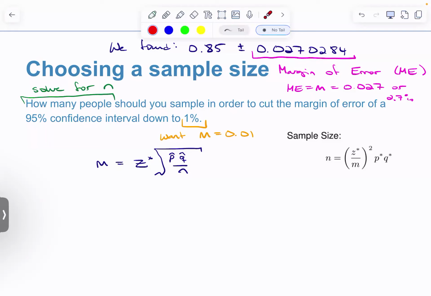Okay, if I'm trying to get at n in here, I have a margin of error that I want to force, right? And so I'm going to force my margin of error to be 0.01. I'm still making a 95% confidence interval, and so z star is still 1.96.